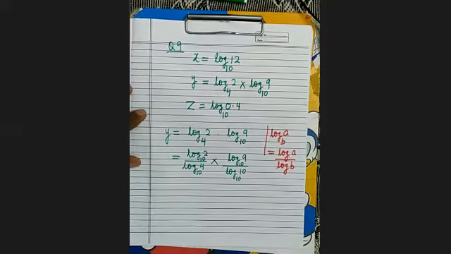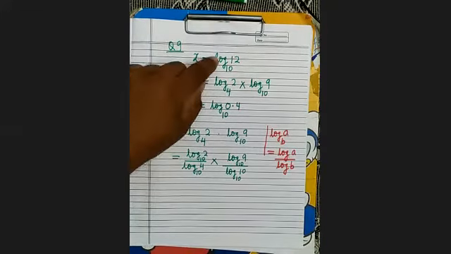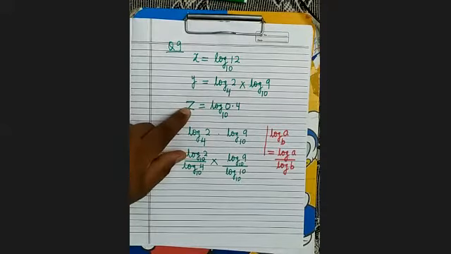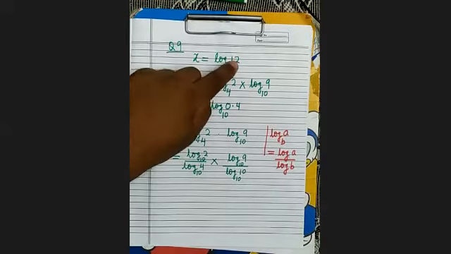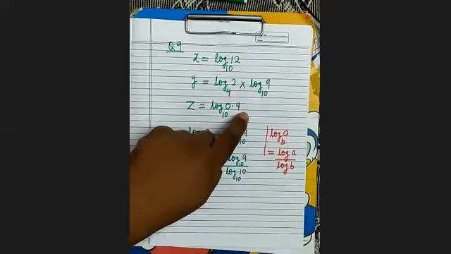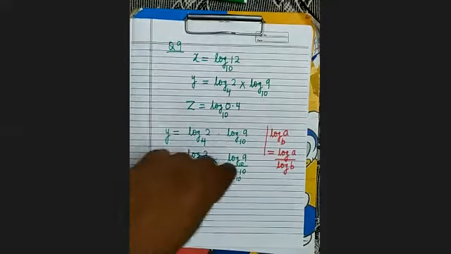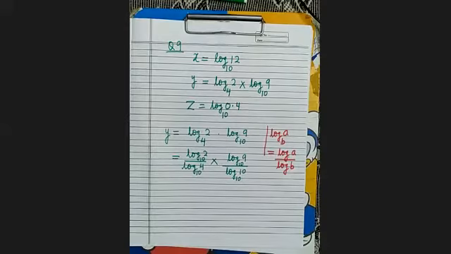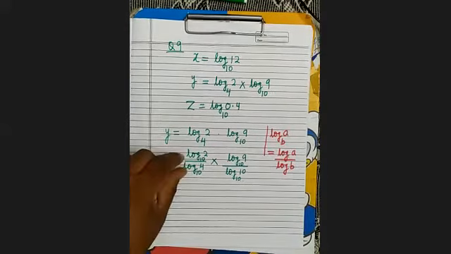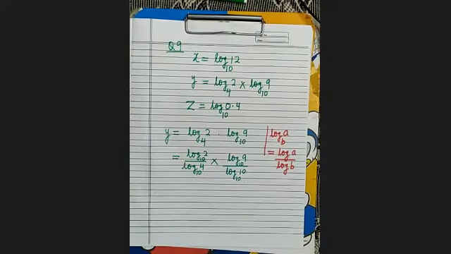Are you taking base 10? And why? Because here in x, in z, base is 10. x में भी base 10 है, z में भी base 10 है, तो इसको भी हम base 10 पर ही लिखेंगे, क्योंकि लॉगरिथमिक लॉज तभी अप्लाई हो सकते हैं जब बेसिस सेम हो.